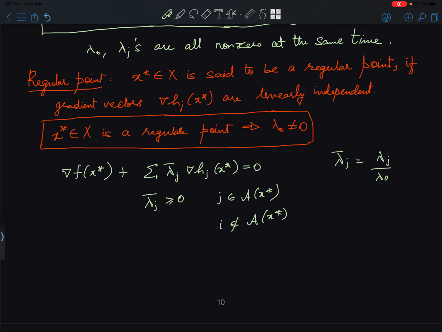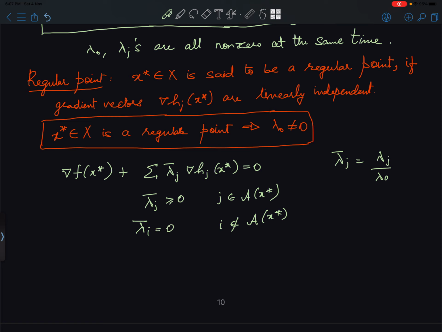What we can do is we can still include these conditions, those gradients which are not in the active set, but we then just say that my lambda bar i equals 0, right?